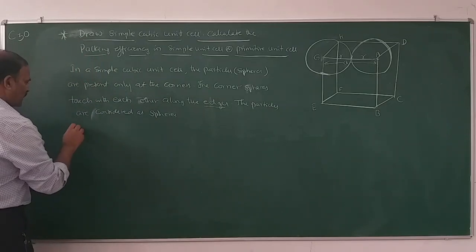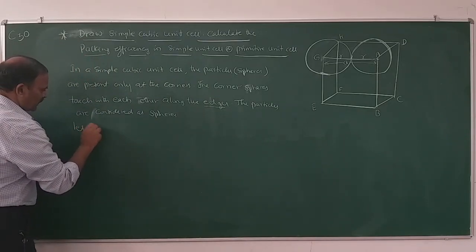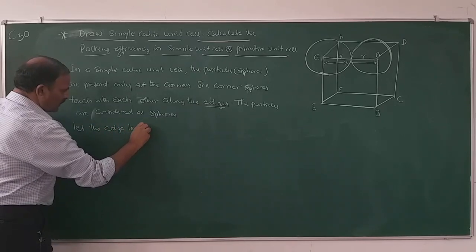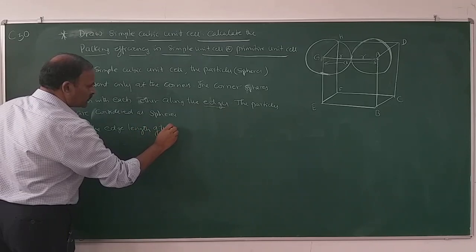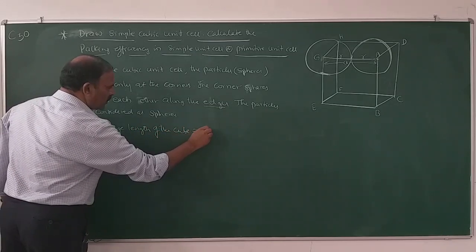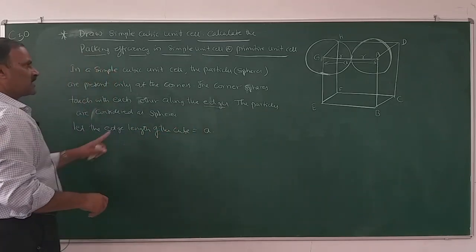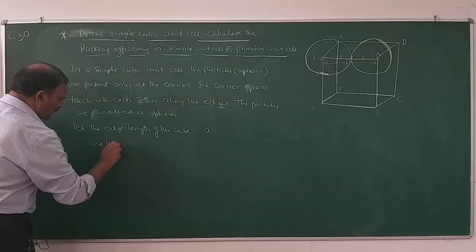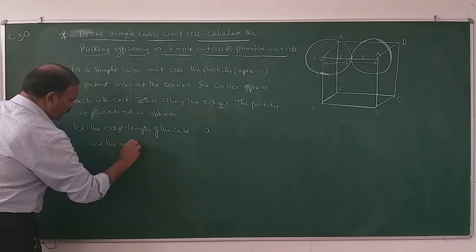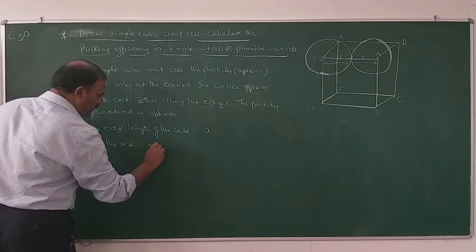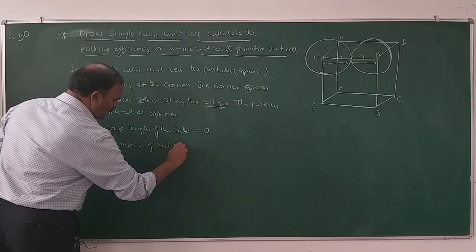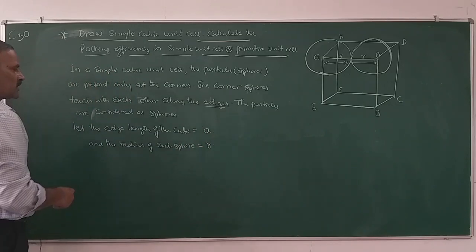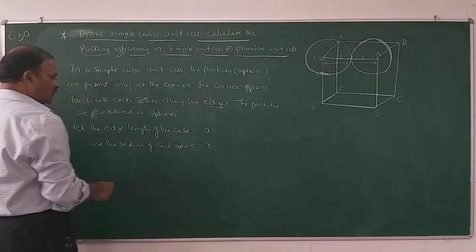So next, let the edge length of the cube be equal to small a, and the radius of each sphere be equal to small r.